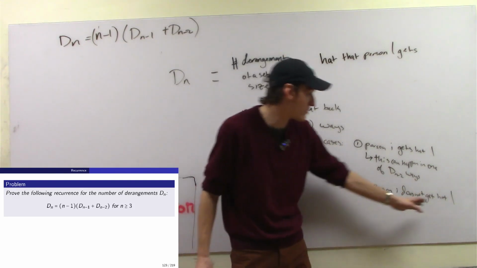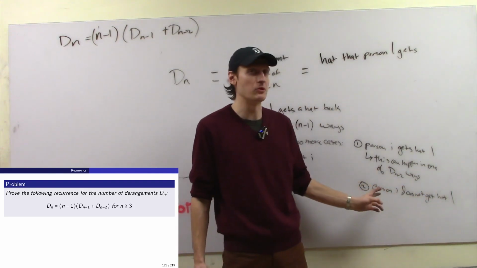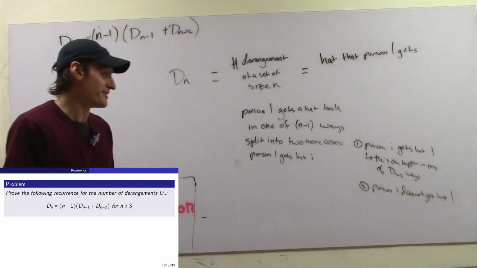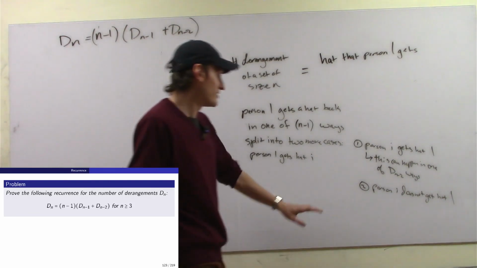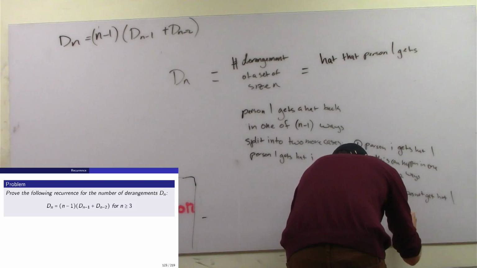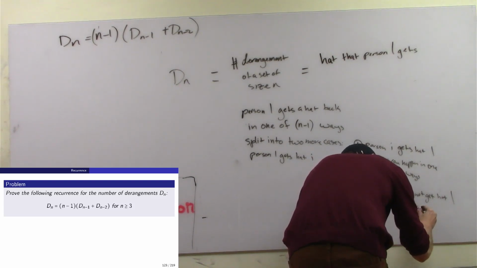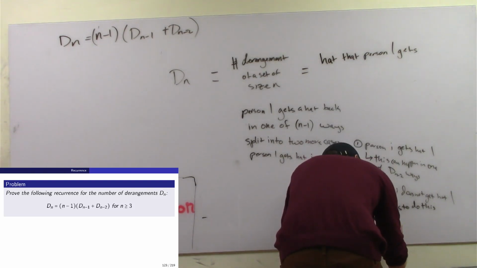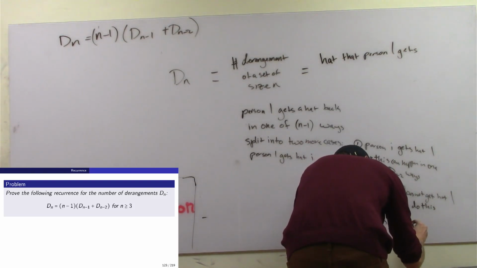Instead of having them not get hat 1, we can relabel it as hat i, in a fake way that we're just going to allow to be true. So the number of ways to do this is d sub n minus 1.